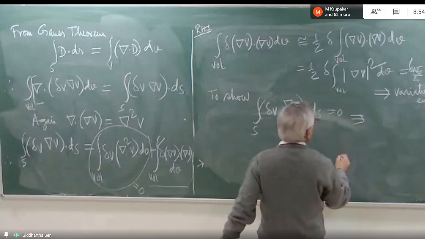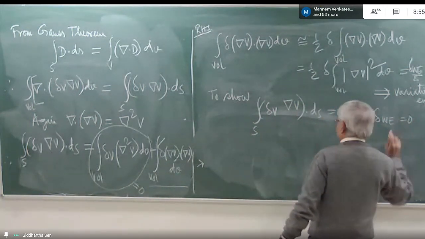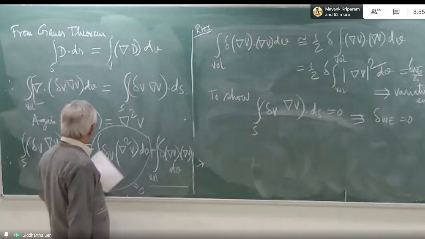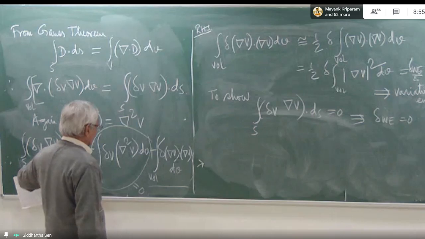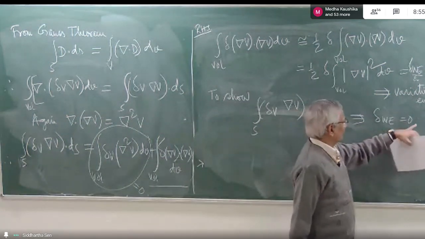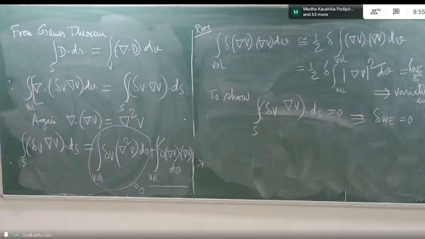This represents that delta WE equal to 0. So if I can show the left hand side equal to 0, we can conclude that delta WE is equal to 0. Now we will have to look into these things there.